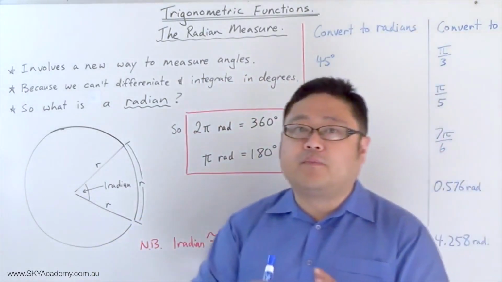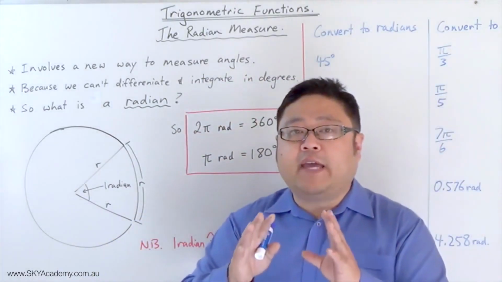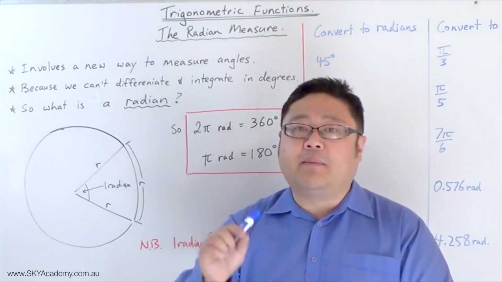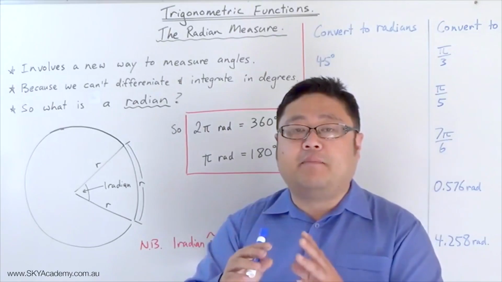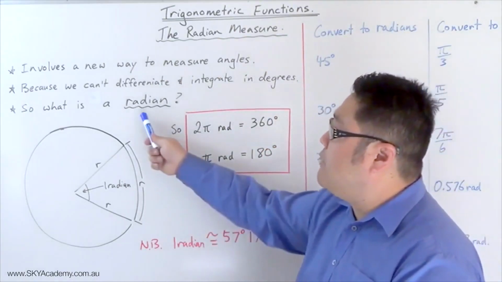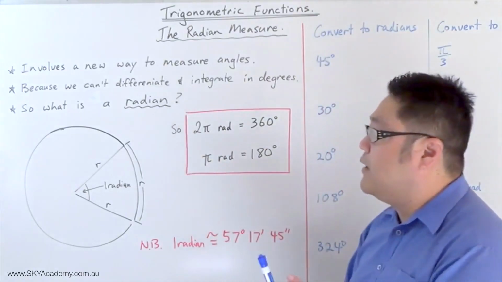So basically, you cannot integrate and differentiate in degrees, so we've come up with a new way of measuring angles, and that's called radians. So what is a radian? Let's have a look.